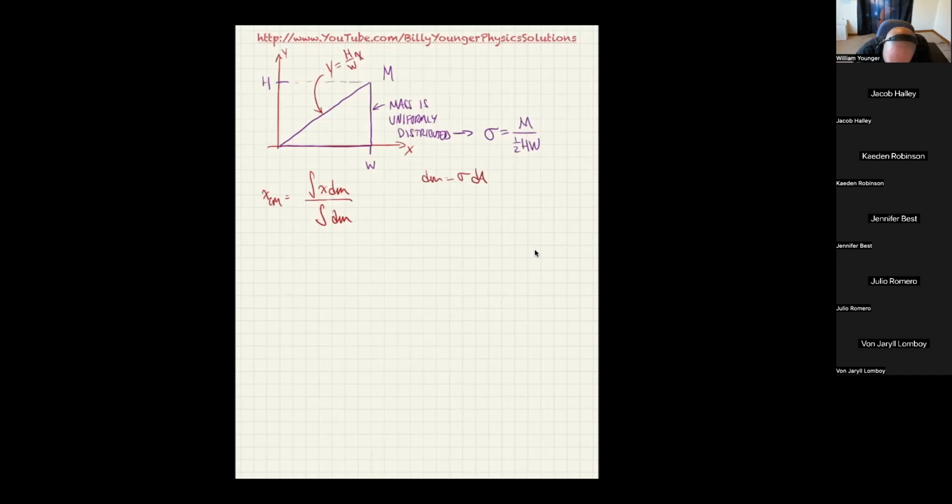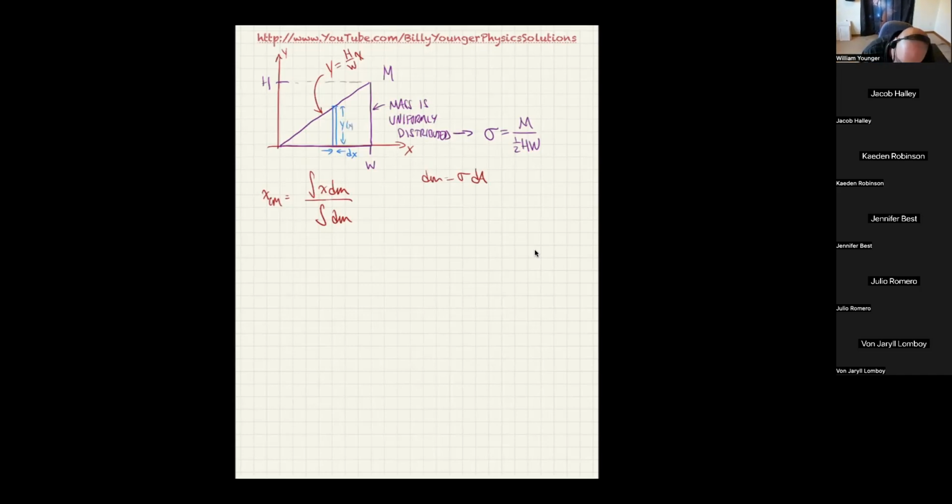So when I go to do this, I need to make sure A doesn't vary very much over the integrand. So what I'm going to do is put a little rectangle right here, and this width is dx. And then, of course, the height is y of x.